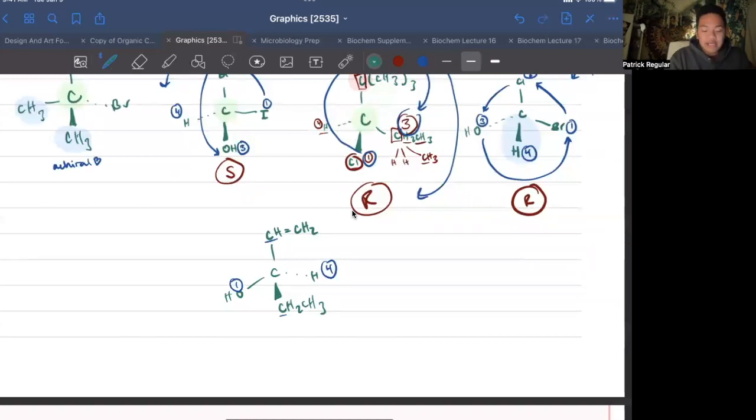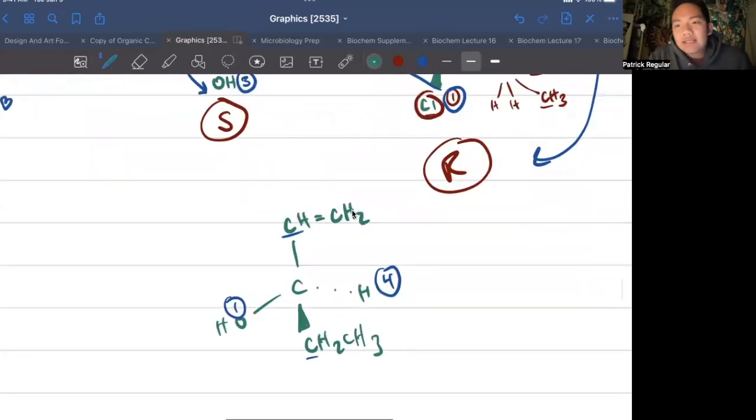Well, look at the connectivity. A double bond counts as 2 carbon-carbon bonds. I'm going to repeat myself: a double bond counts as 2 bonds, because you're looking at connectivity. So this carbon is connected to a hydrogen and 2 carbons, because those 2 bonds represent the double bond.